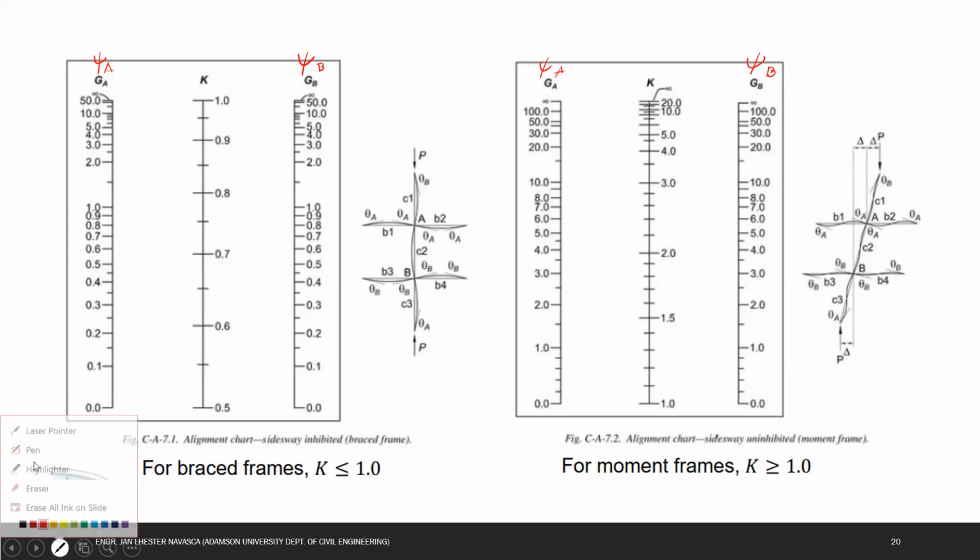This is the alignment chart for a braced frame, and this is the alignment chart for a moment frame or unbraced frame. You just plot the value of your GA and the value of GB, align the two points, and the intersection of the line on the chart gives the value of your effective length factor K.